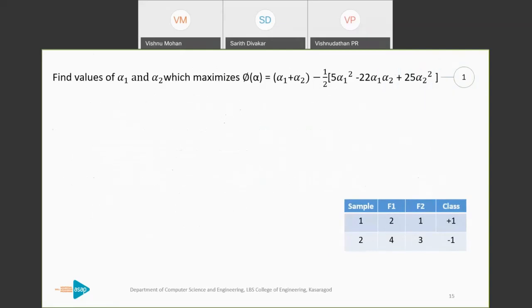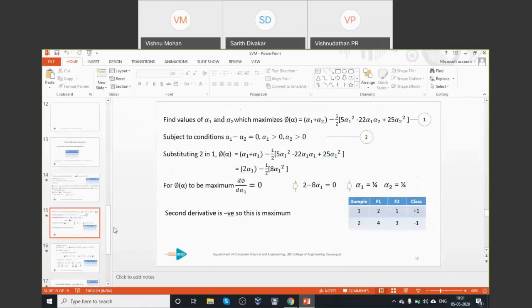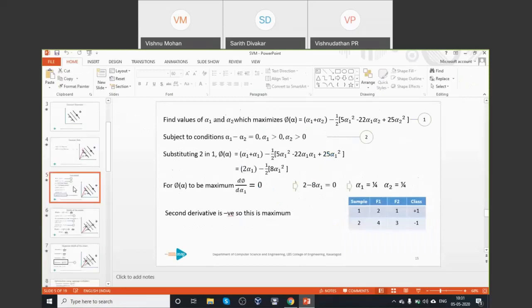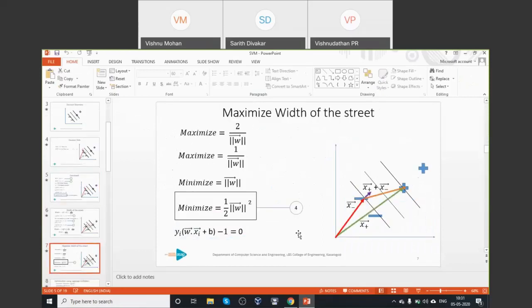By solving this maximum width equation, we are going to find the optimal line by maximizing the width of the street, and your line is nothing but the median. You can consider that as the equation of a plane when you deal with higher dimensions.